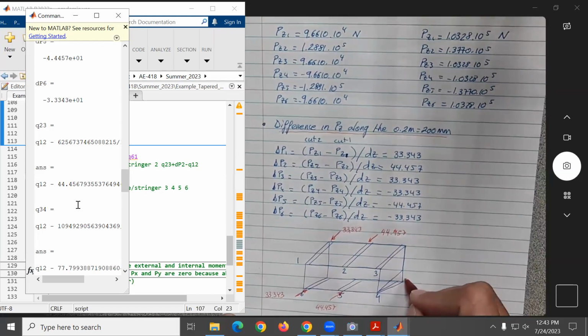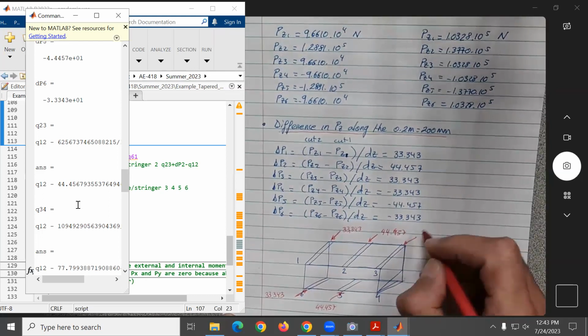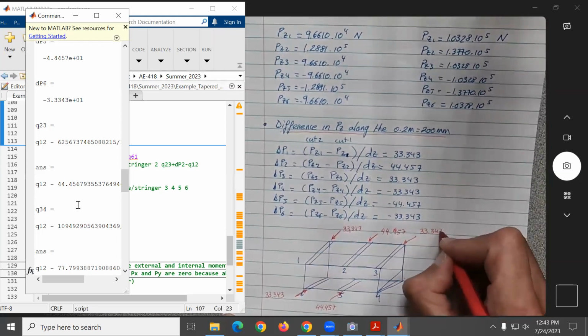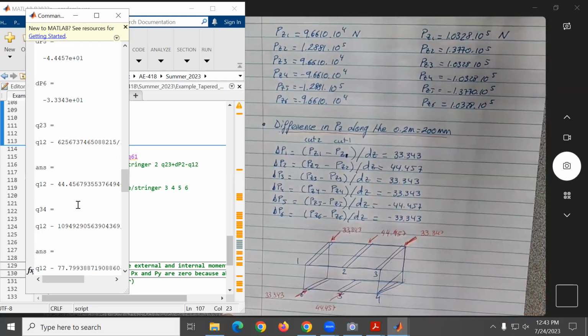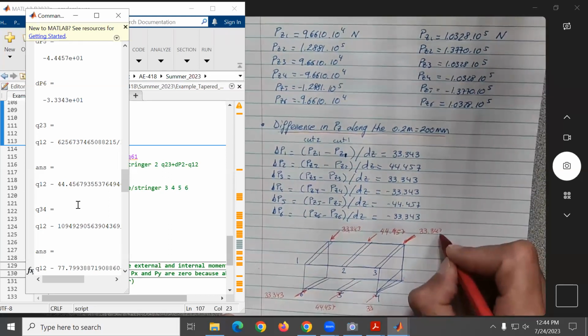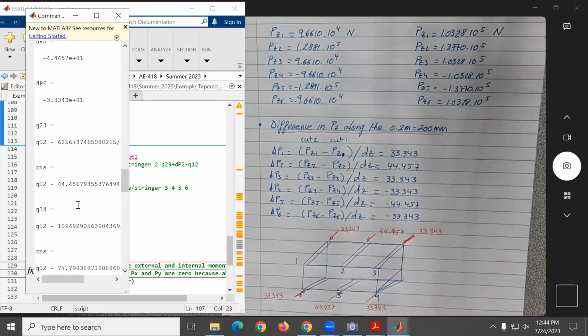Okay, and this one will be the last one, 33.343. Okay, do a better figure than me. And this one could be here 33.343.